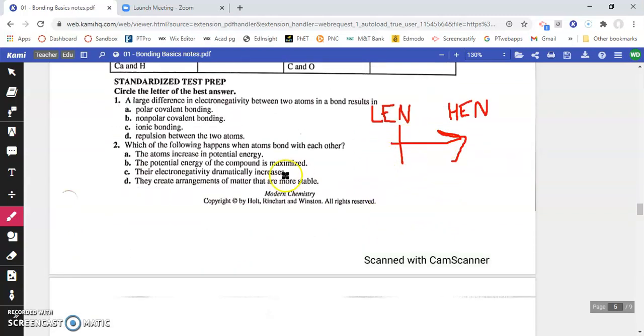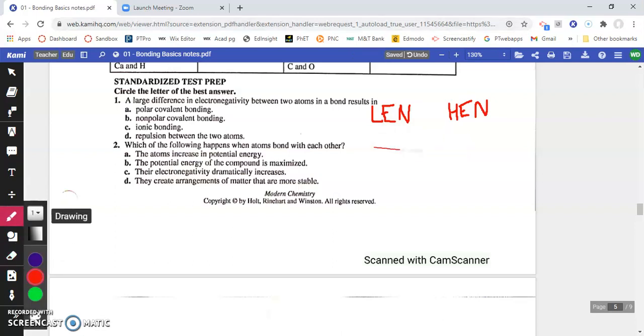So when we look at the dipole, this is the symbol for the dipole, and that's a really bad looking dipole example. So let's redo that real quick. The dipole always points from the low electronegative to the high electronegative, and it exists if our delta EN is greater than or equal to 0.3.